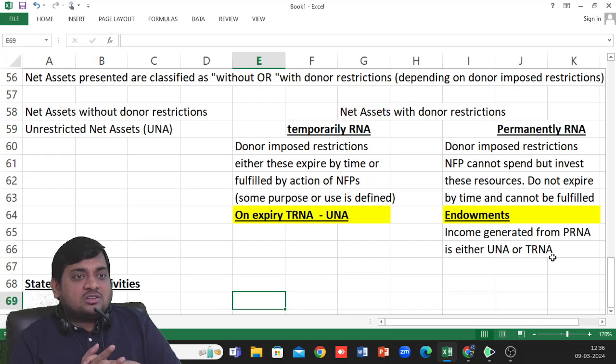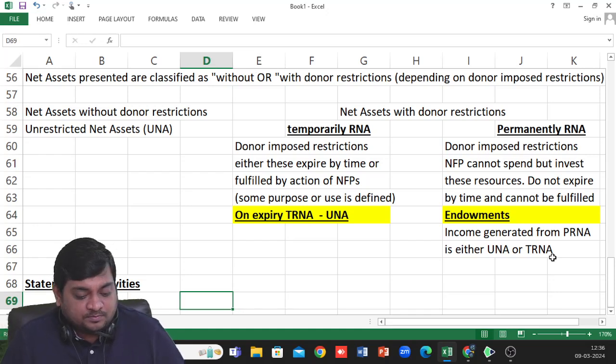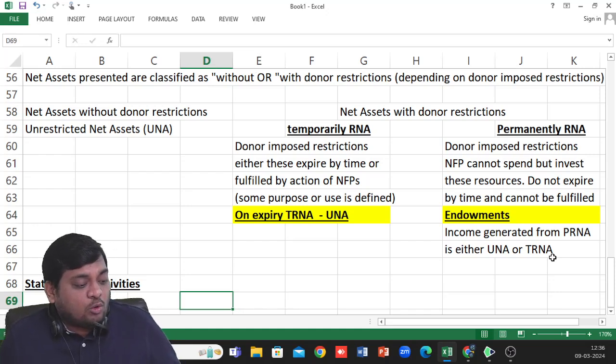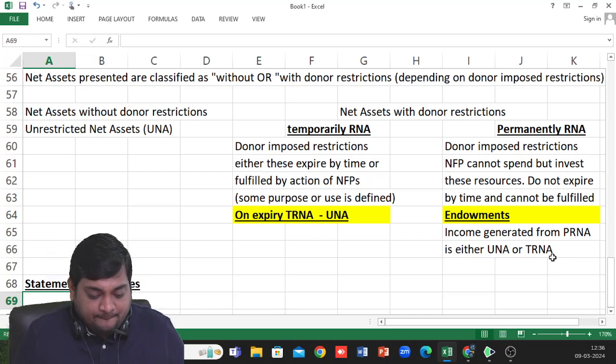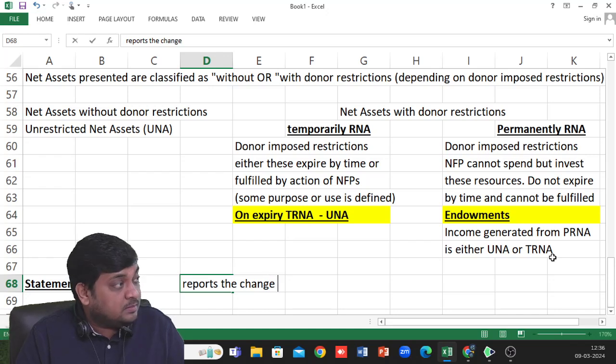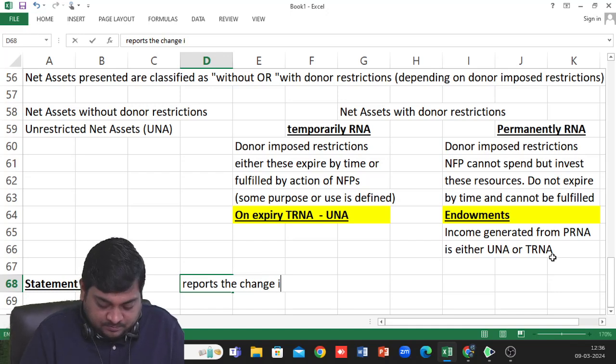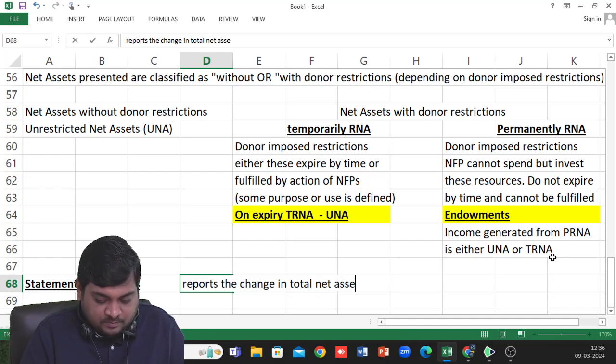That 2 crores I have earned during the year. So this statement of activity reports the change in total net assets.